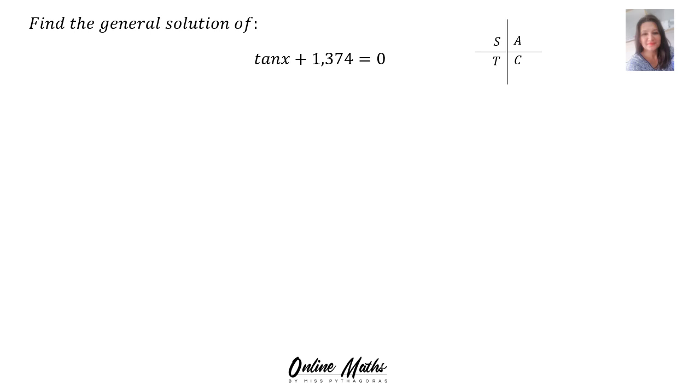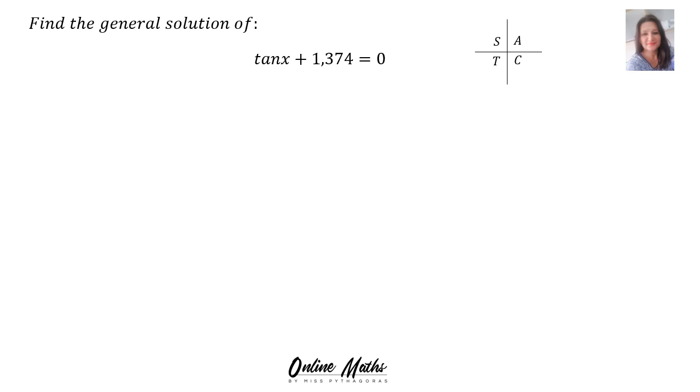Now let's look at our first example. The question is, find the general solution of tan x plus 1,374 is equal to 0. Now I just want to tell you that finding the general solution is in fact exactly the same process as finding the specific solution. It's just right at the end where you're going to add plus k times 360, or in this case k times 180, k element z. Let me show you.